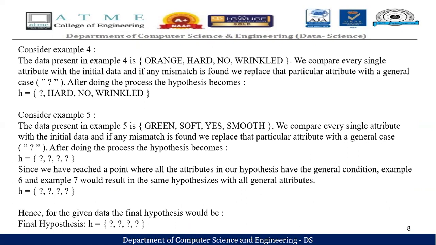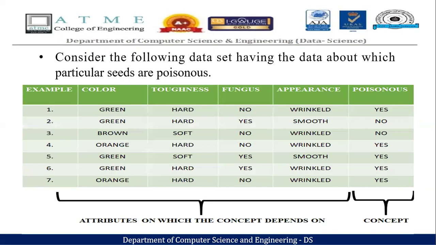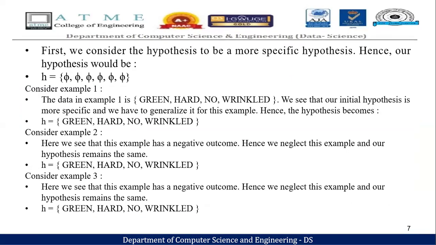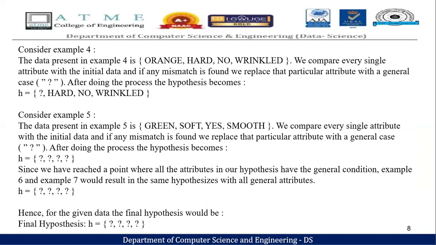And next you consider example 5. You can call this an example or a sample. In sample 5, it is yielding yes. So what does it mean? You need to check with the current hypothesis. You just compare with the attributes. We have a question mark there.